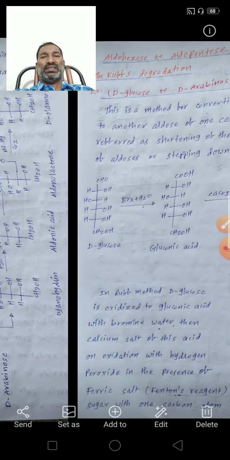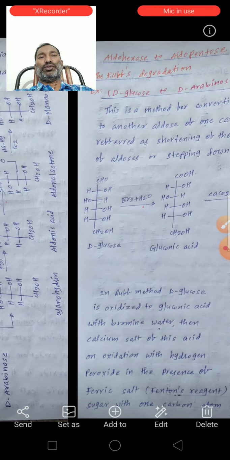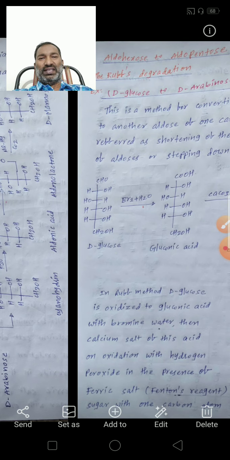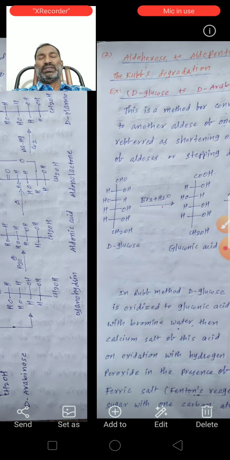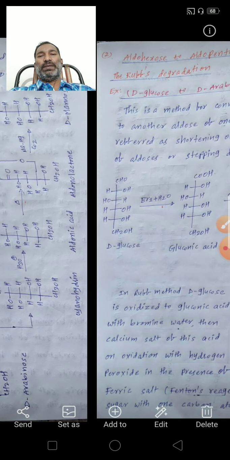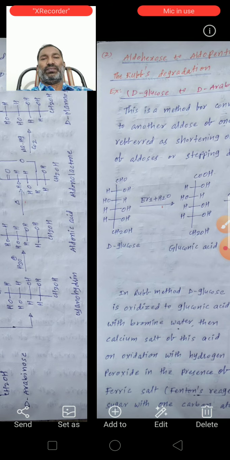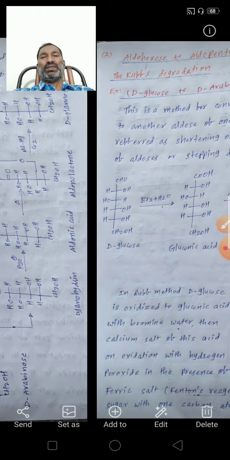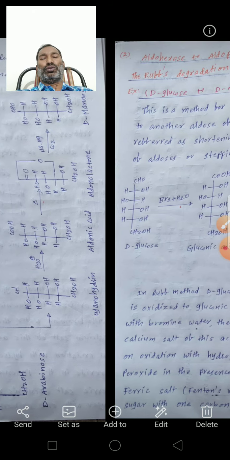Observe here, this aldohexose to aldopentose decreases one carbon atom. This conversion is known as Ruff's degradation. An example for this conversion is D-glucose to D-arabinose.